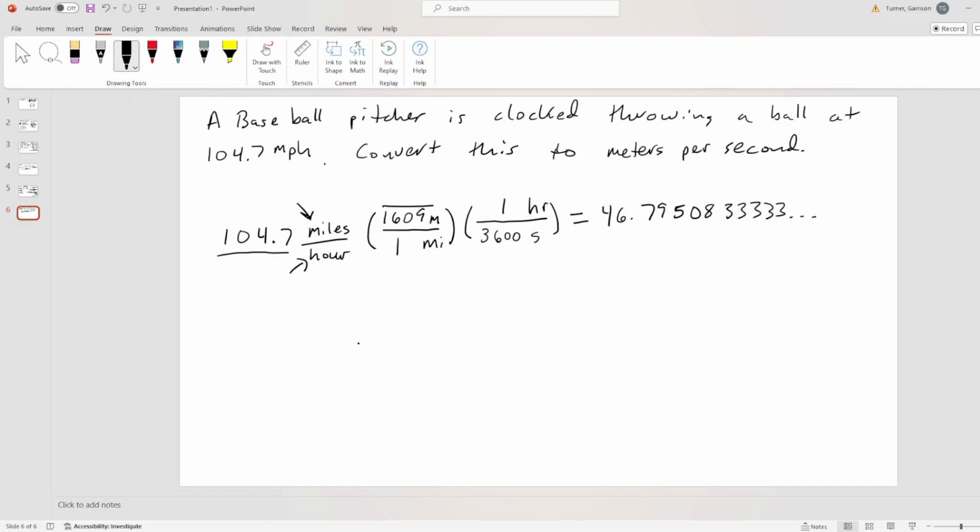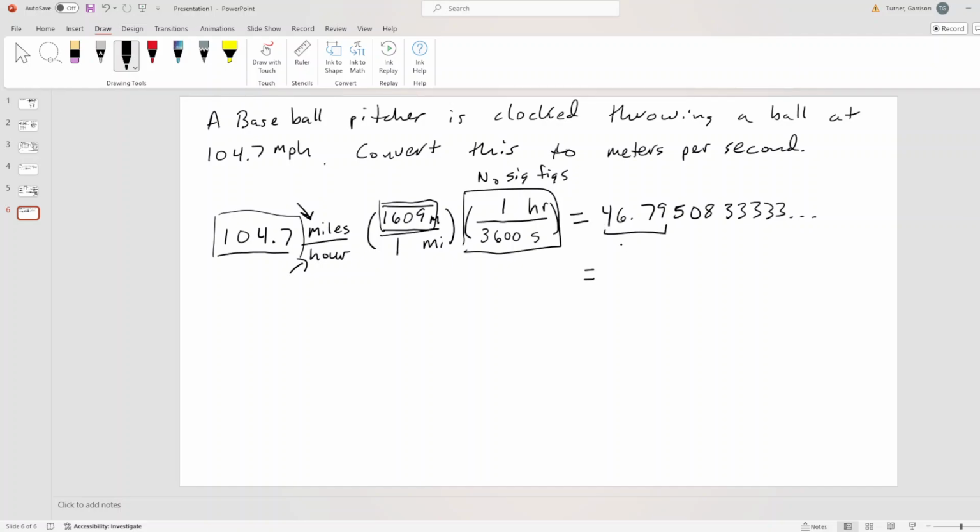This has 4 significant figures. Now, the 1 hour and 3,600 seconds, this is definitional, so this does not contain significant figures. So therefore, our answer is going to be dictated by the fact that this is 4 significant figures and this is 4 significant figures. So I need to round this to 4 significant figures.